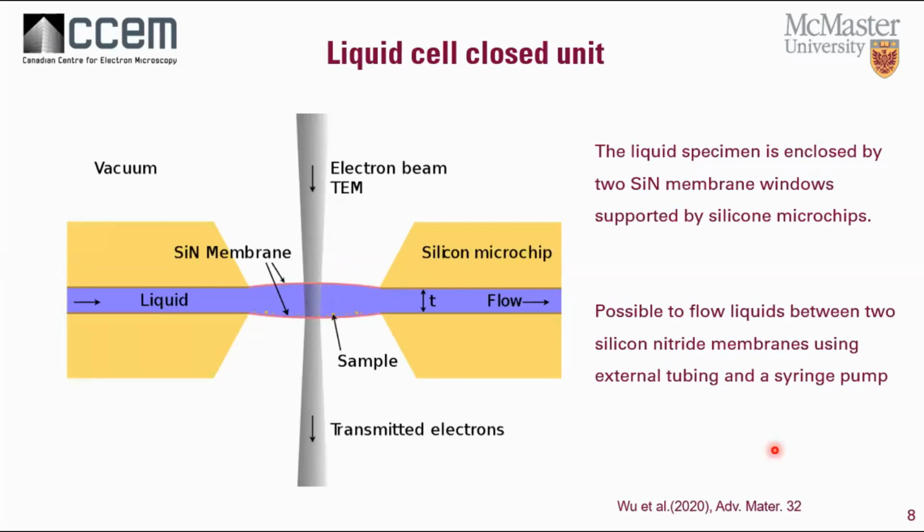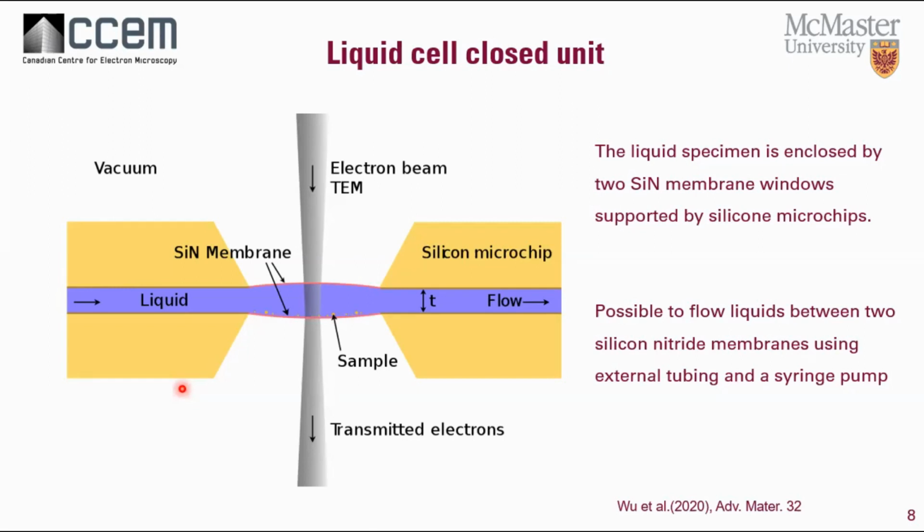So in my presentation, I will focus only on the closed cell type liquid cell. A schematic of this cell is presented on this slide. The liquid specimen is enclosed by two silicon nitride membrane windows supported by silicon microchips.